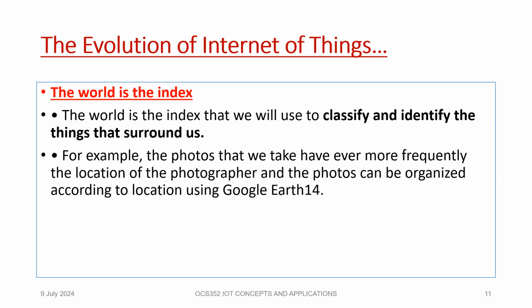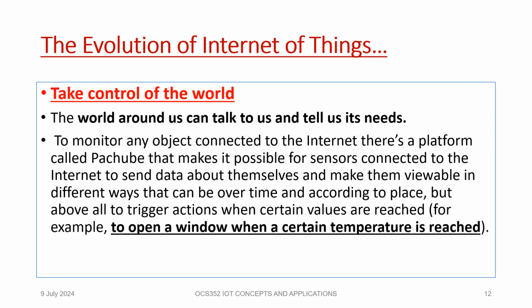So, the evolution of Internet of Things. The world is indexed so that we can classify and identify the things that surround us. For example, the photos that we take increasingly carry the location of the photographer, and the photos can be organized according to location using Google Earth.